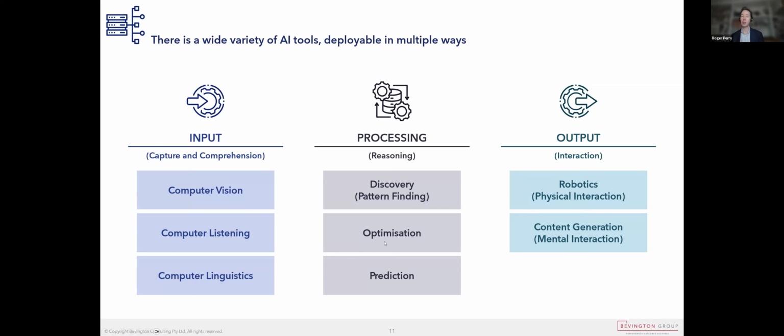And optimization. So the classic example here is rostering with large staff bases. So getting the right people to the right place at the right time in the optimal way. And then there's output. So you've got robotics and you've got content generation being the two most likely.